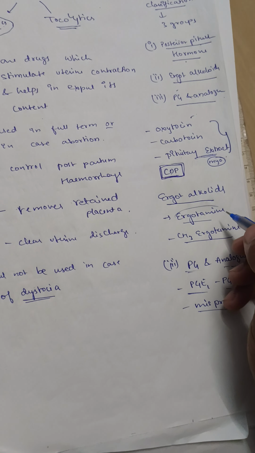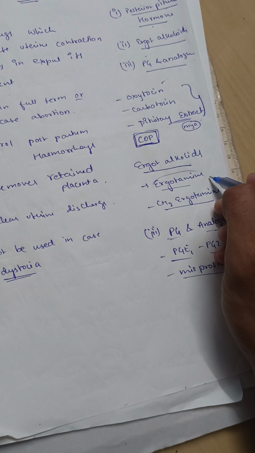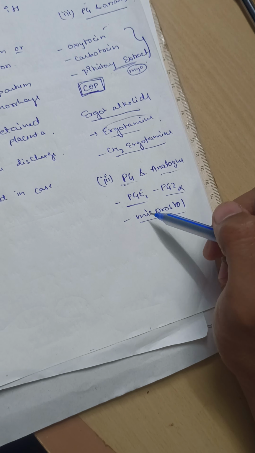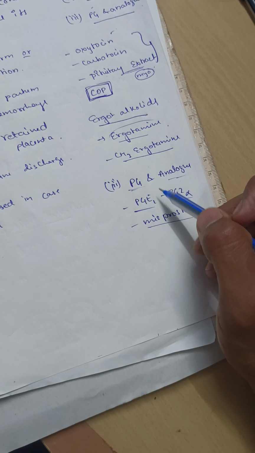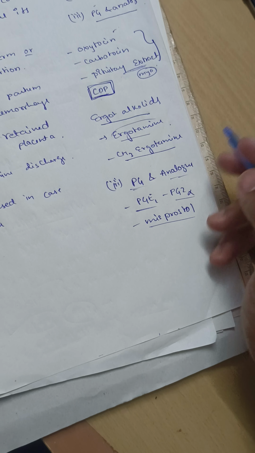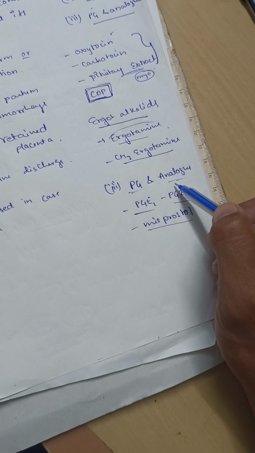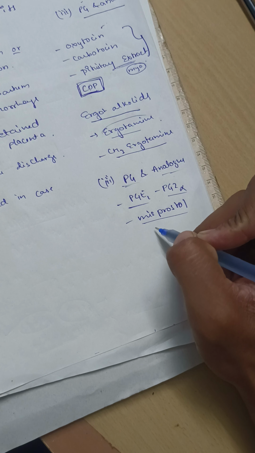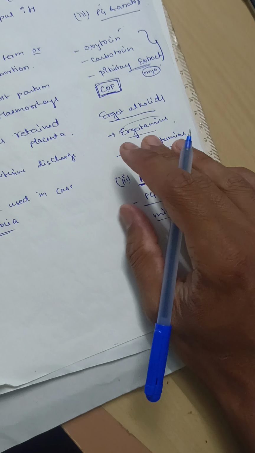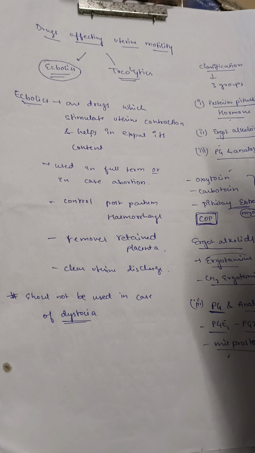Okay, and ergotamine also increase force and frequency of uterine contraction, and prostaglandins play important role in secretion of female hormones, that is in ovary and myometrium. They helps in regulation of estrous cycle. Okay, this is all about ecbolics, and I will briefly revise it.